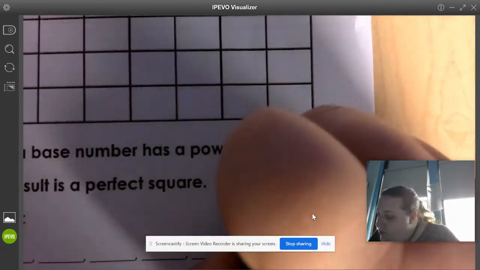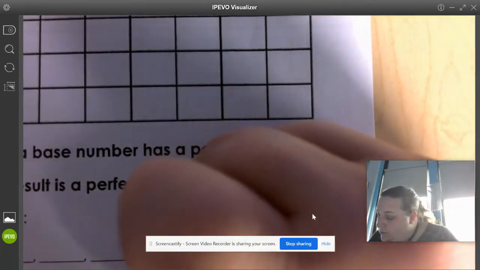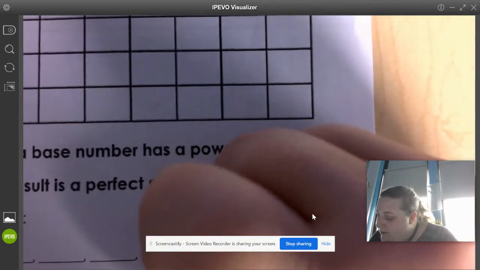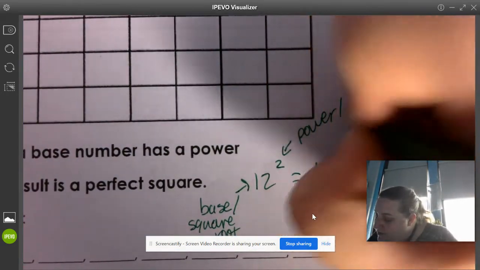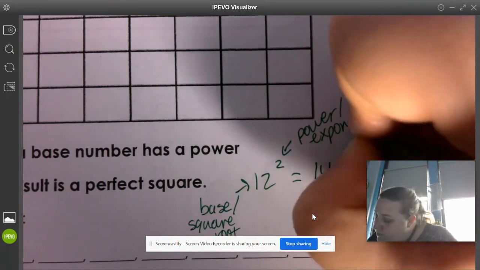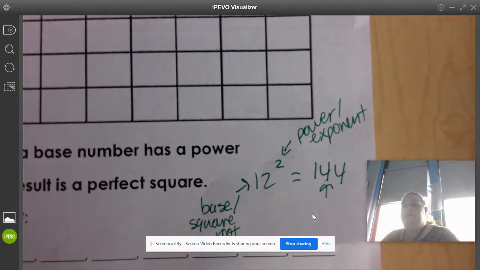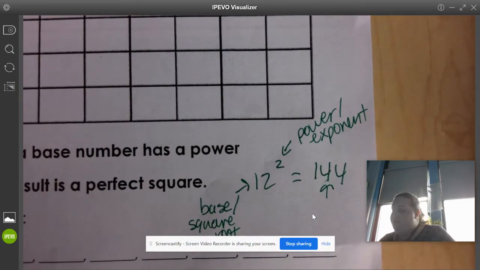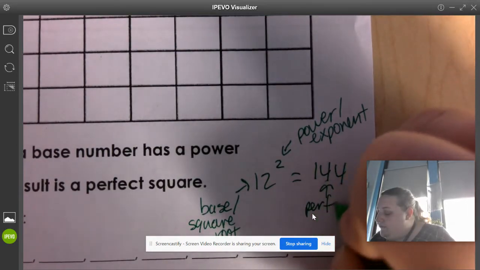We would call 12 our base or our square root, which we're going to see on the back. 2 is our power or exponent. And the product of 12 squared, because that just means to do 12 times 12, is 144, which is what we call our perfect square.